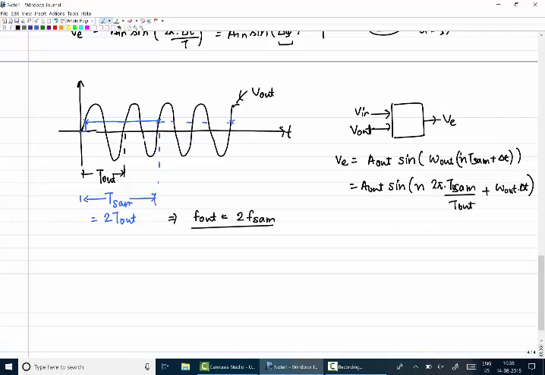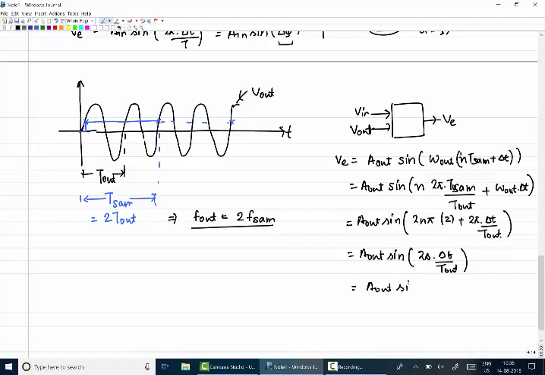So what is this value? Sine of, let me write 2n pi times t sample by t out, which is 2. It's an integer, right? And omega out is equal to 2 pi, I will write delta t by t out. So this will be equal to A out times sine of 2 pi delta t over t out, right? And I can write this as A out times sine of phase error delta phi.